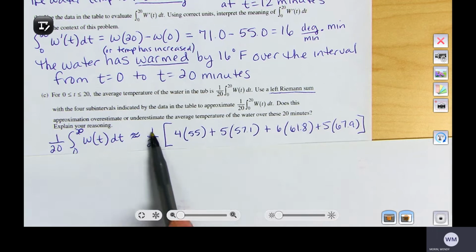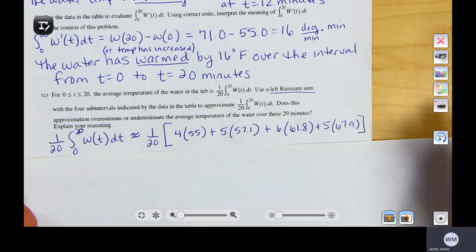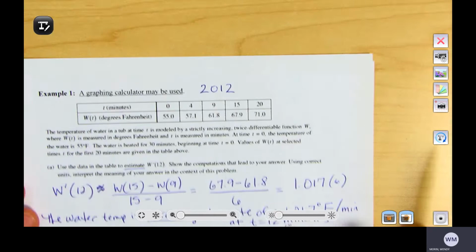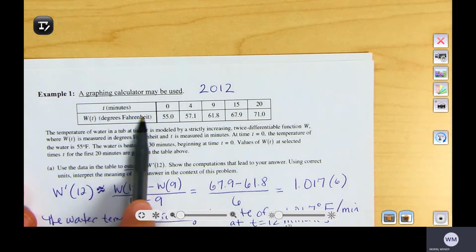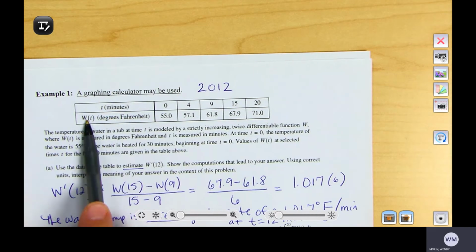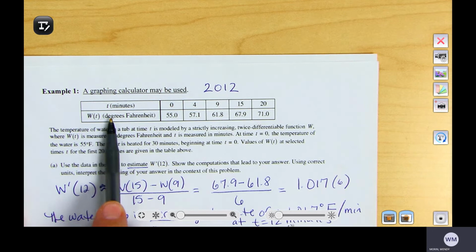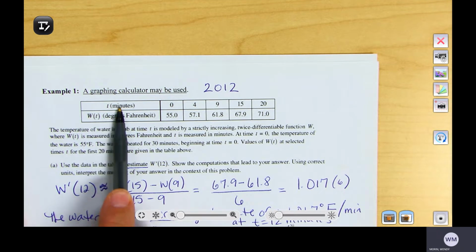Now, when you divide it by the interval of 20, that is an average amount. Let me show you how that works. If we integrate W, and I've talked about this before, if you integrate degrees, you get degrees times minutes.